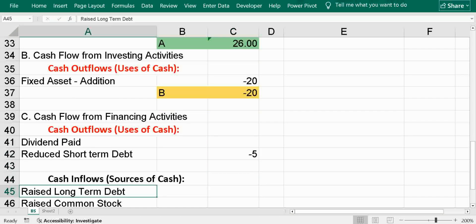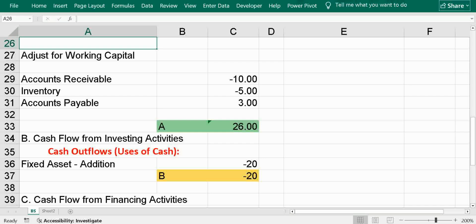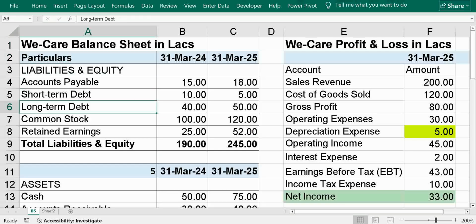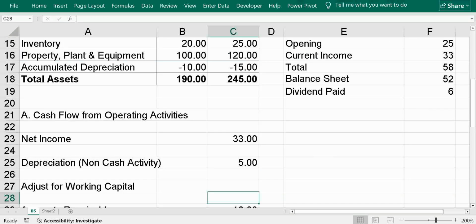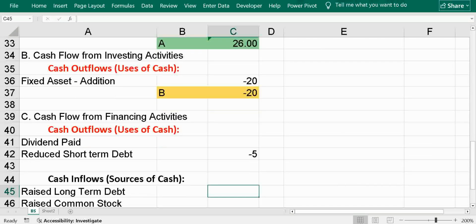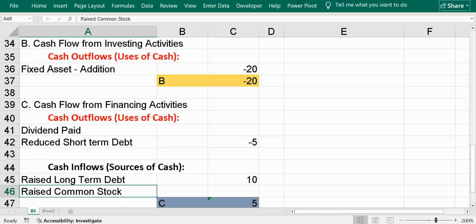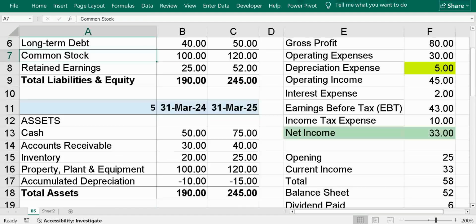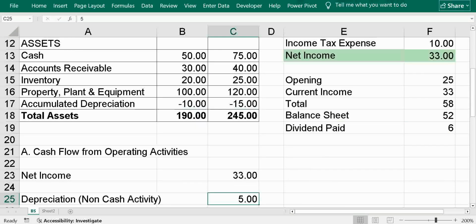Then increase of long-term debt, 10 lakhs is increased. Common stock increased by 20.